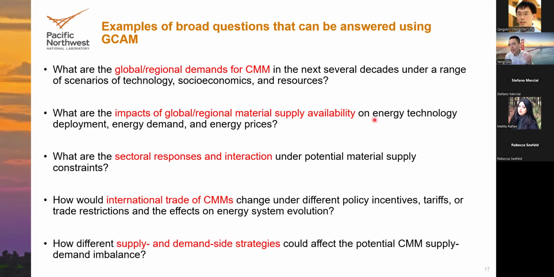Now I'm just showing you electricity, but as we have transportation, hydrogen, building, and other sectors, we will be able to evaluate the impact on those sectors. And also we will be able to understand how different sectors will interact and respond to this material supply constraint.